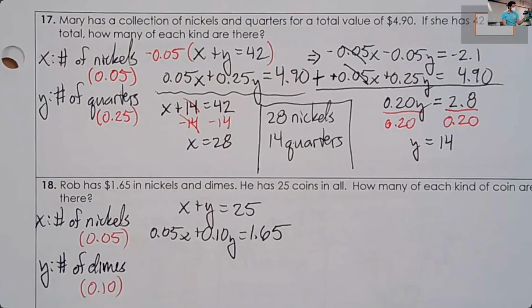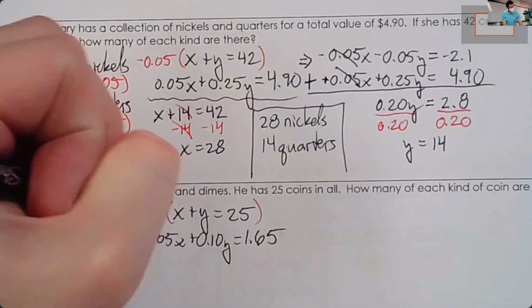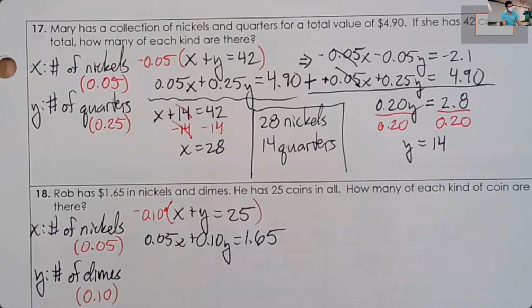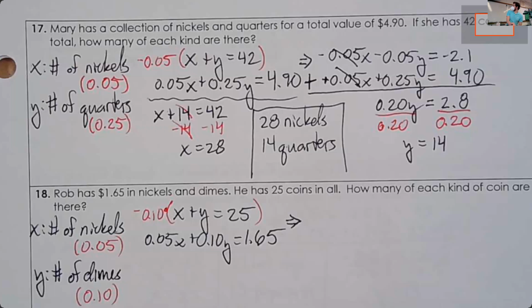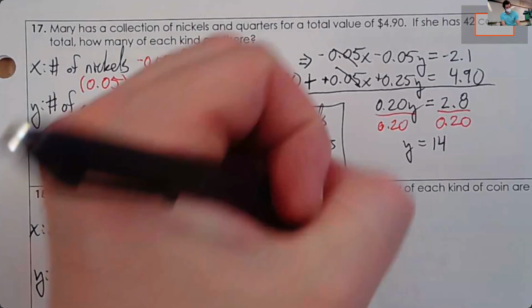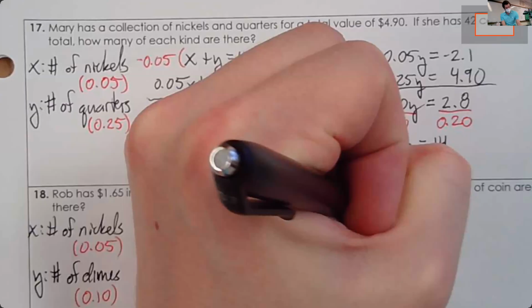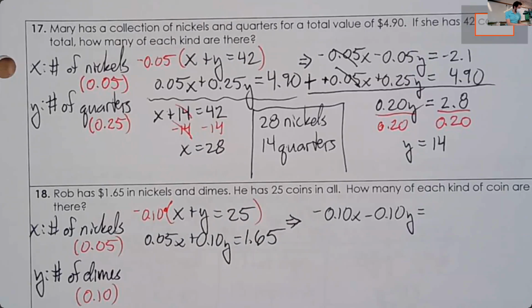Again, this looks like the previous two problems that we did. Let's eliminate y first this time. So I'm going to multiply everything by the opposite of 0.1, which is negative 0.1. So negative 0.10, multiplying everything on that top equation. If we rewrite our equations, that'll give us negative 0.10x minus 0.10y equals, I think that's going to be negative 2.5.